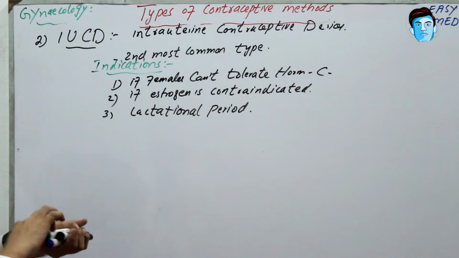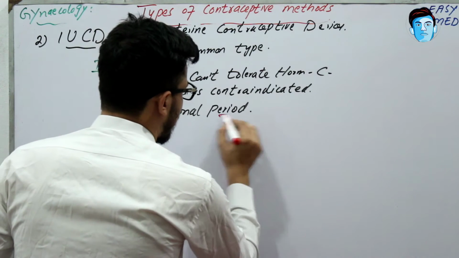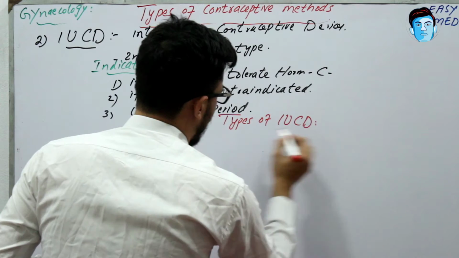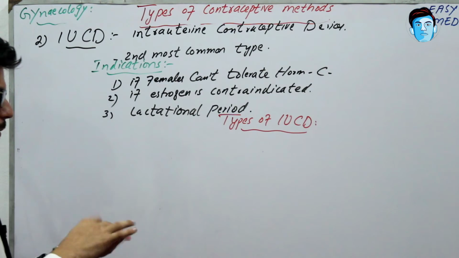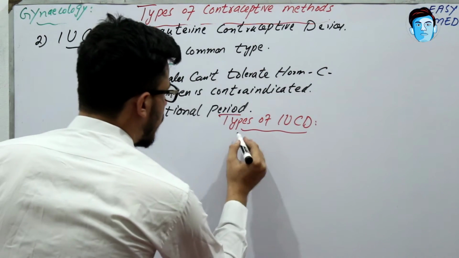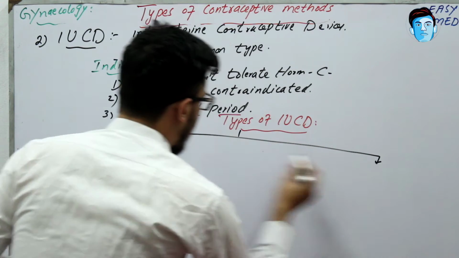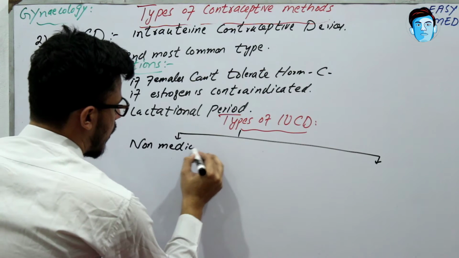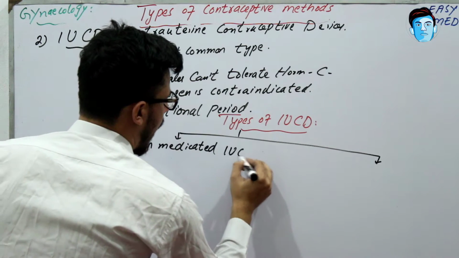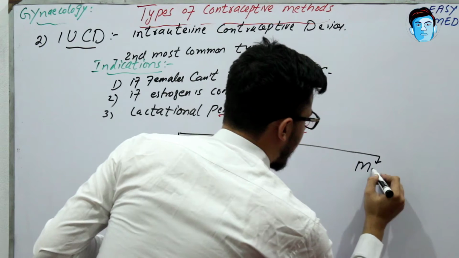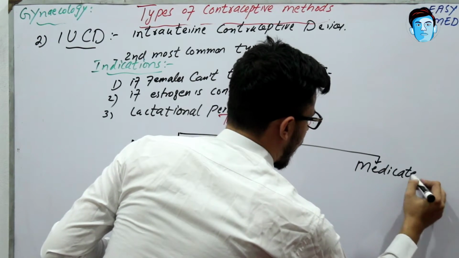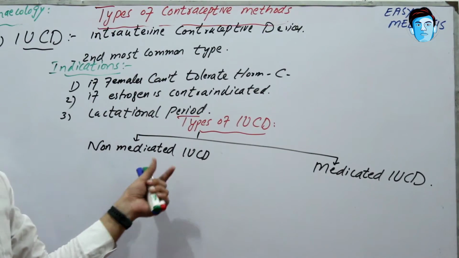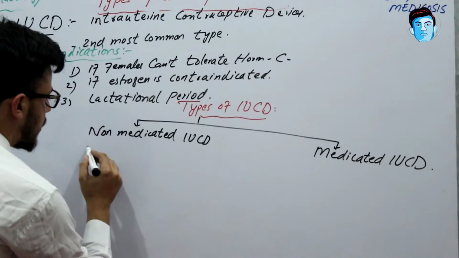Now what are the types of intrauterine contraceptive devices? The types of intrauterine contraceptive devices are divided into two broad categories, that is non-medicated IUCD and medicated IUCD. So non-medicated IUCD consists of first generation IUCD.